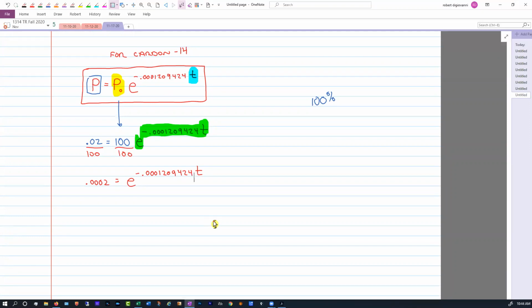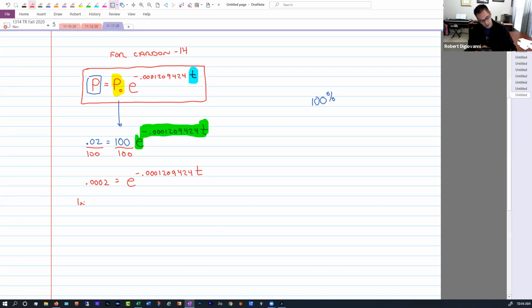Hold on, I messed up. So ln on both sides, and we're using natural log because we're trying to kill off e, right? That's the whole reason I'm bringing natural log in, because the natural log and the e are going to kill one another off.